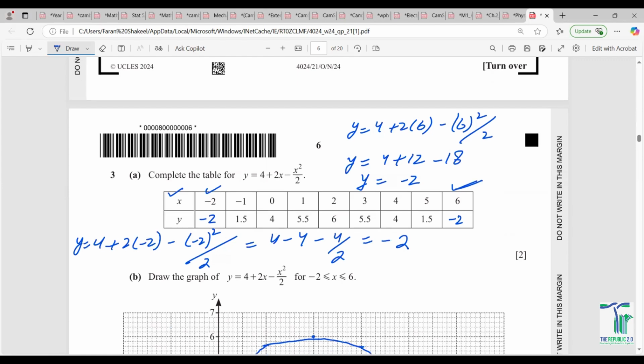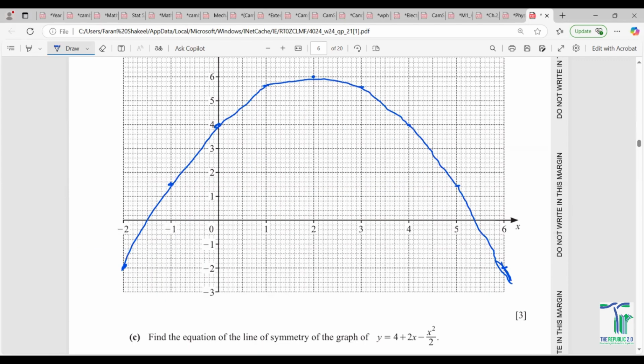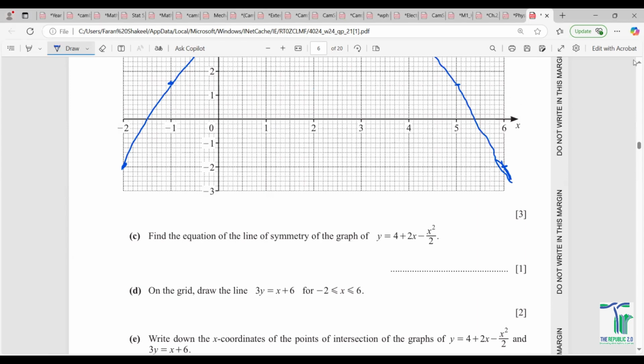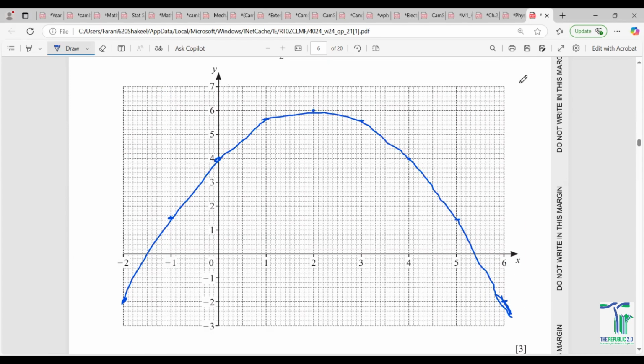अब अगर मैंने इसको plot कर लिया, now find the equation of line of symmetry, the line that cuts off the parabola in half, and that is going to be this line, right? आप कैसे निकाल सकते हैं? Just x intercepts को add करें and divide it by 2. You just need to add the x-intercepts and divide it by 2.